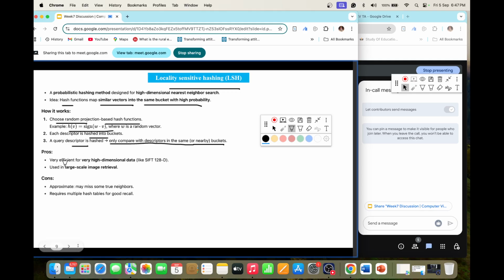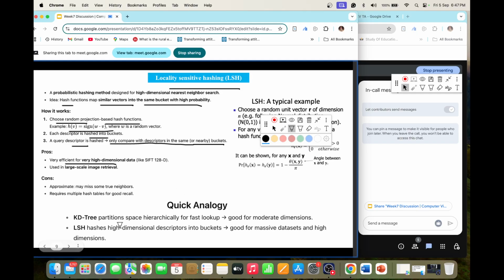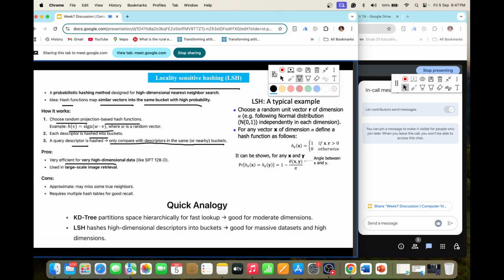Okay, so pros: it is very efficient for high dimensional data, and it is used in large scale image retrieval. Cons: it is approximate, so it may miss some of the true neighbors, and it requires multiple hash tables for good recall. Okay, so let's move on. The formula I will discuss whenever we are solving the problem.